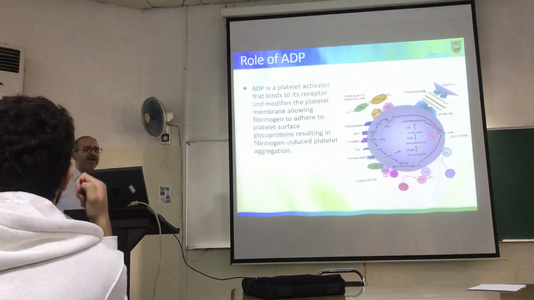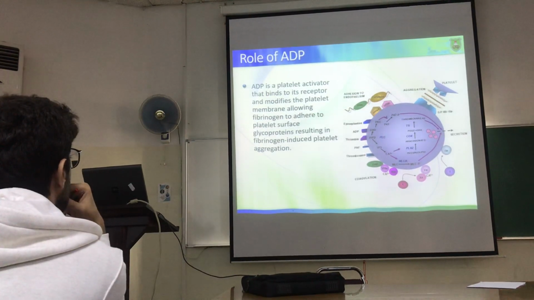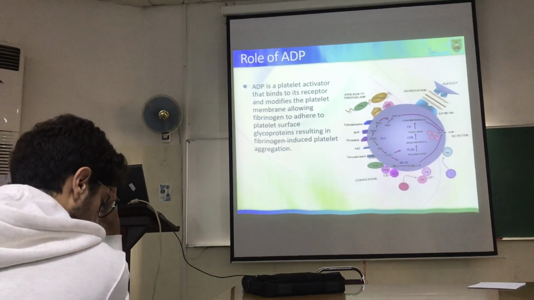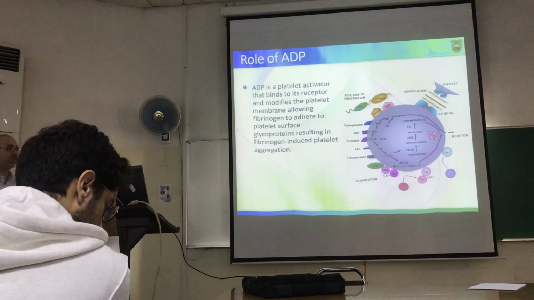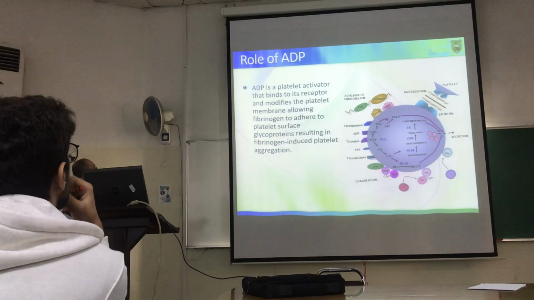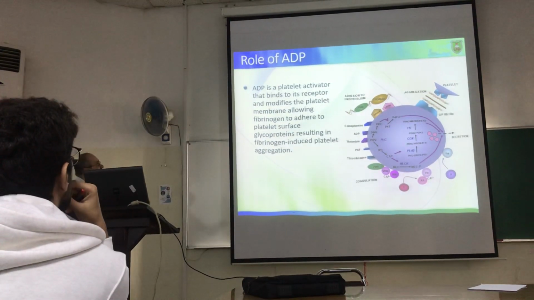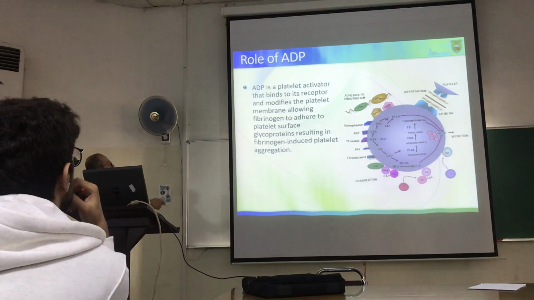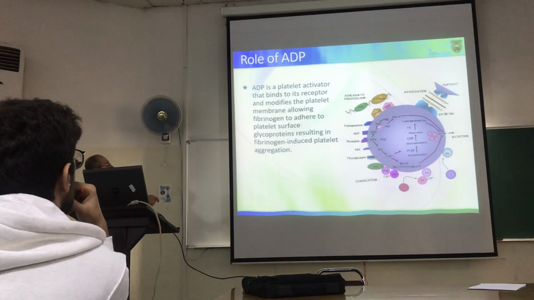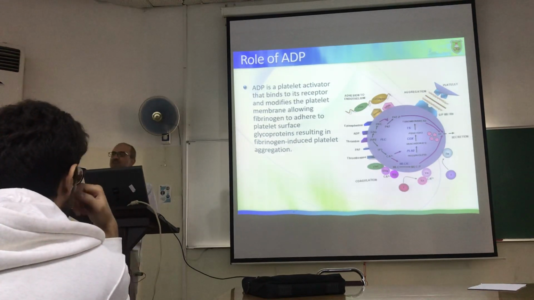We also have ADP that acts on its receptor right here, and it also results in activating platelets, changing their structure, and resulting in fibrinogen-induced platelet aggregation as well. So you have activation of platelet interaction, or clustering, aggregation.